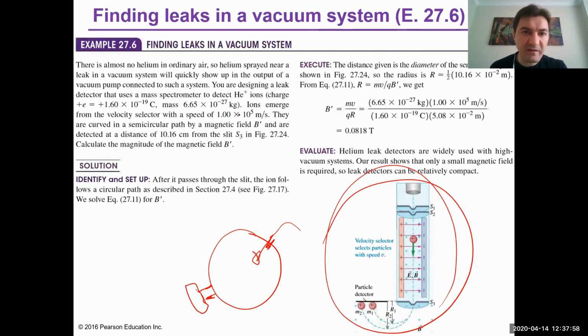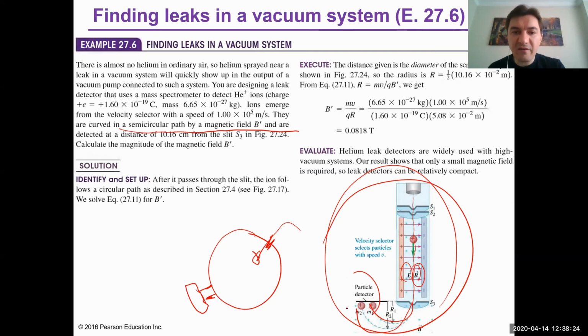They are curved in a semicircular path. So they go in a straight line in that direction because the electric force due to the electric field and the magnetic force due to the magnetic field are equal in that region. And here they are deflected, okay?